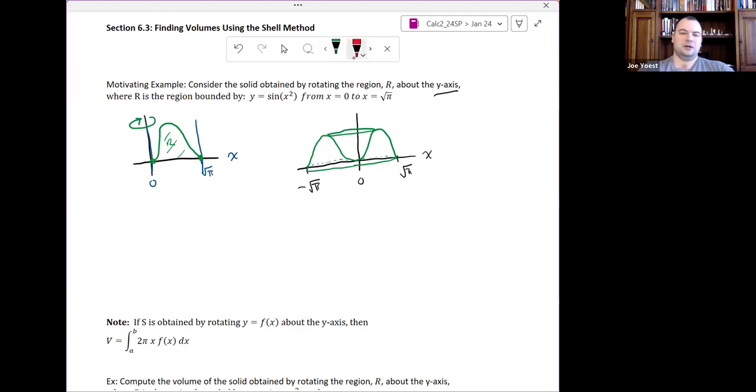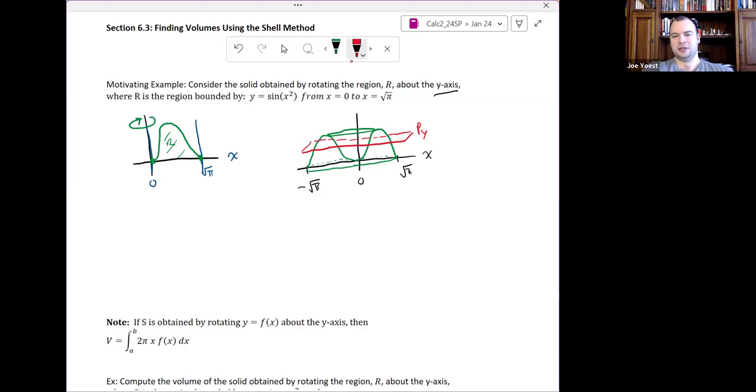Now I might say, okay, well, I have a way to find a solid. I see that I have this nice rotational symmetry about the y-axis. Maybe I'll consider the plane P_y perpendicular to y. That'll give me a cross-sectional area, and then I can integrate over that cross-sectional area.